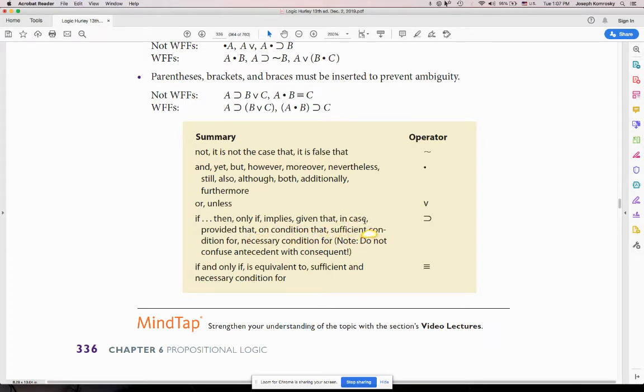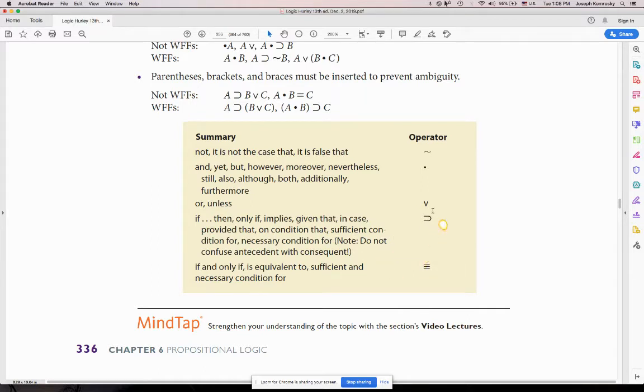But notice that they're alone, separated by commas. They're not together. So if they're alone, we're looking at a horseshoe. When they're together, meaning if and only if, or is equivalent to, or sufficient and necessary condition for, they're expressed with this triple bar.